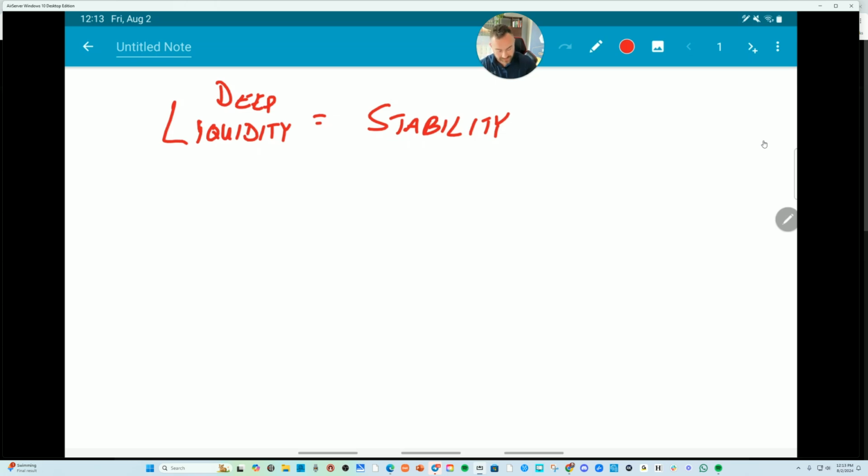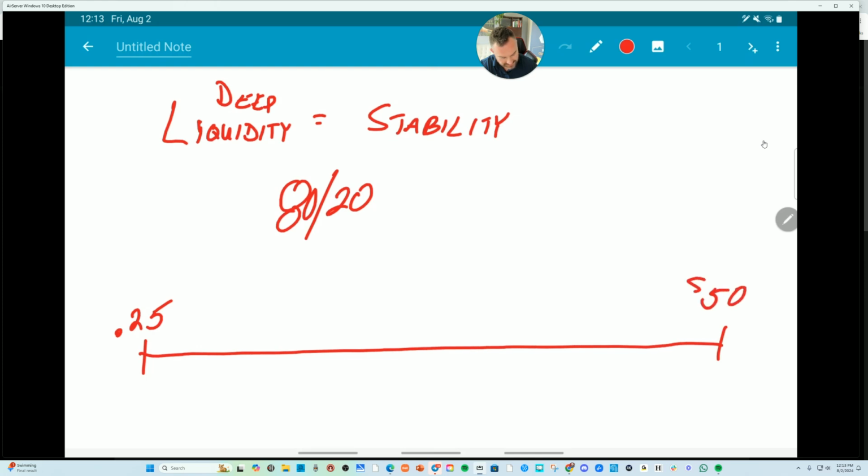So my recommendation here, again, is that 80-20 split, 20% unpaired, 80% liquidity pair. And if we were to do it around this time, it would be approximately 25 cents on the low end all the way up to, I'm just going to say $50 as an example, okay? This would be for someone who can leave it there for a few years and not worry about it.